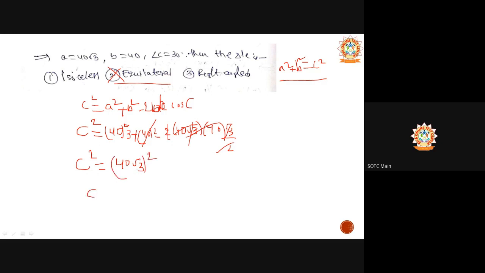So what will c become? 40 root 3. So here if you observe, side a and side c are equal. So two sides are equal. What type of triangle? Isosceles triangle. Isosceles, right? So here a is equal to c. That's why it is an isosceles triangle. Clear? Yes, sir.